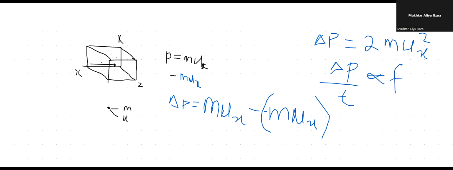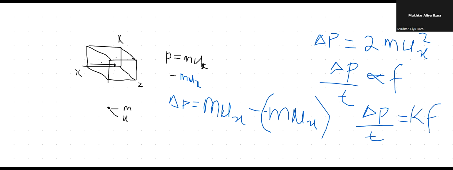So delta p all over t is equal to kF, where the constant here is k.